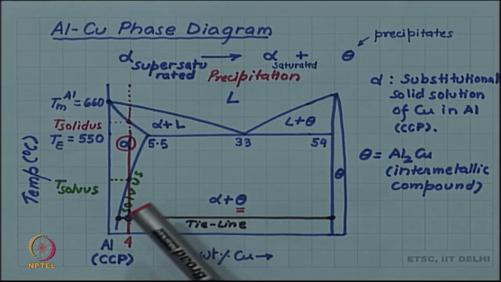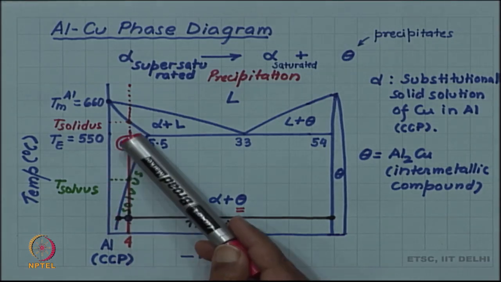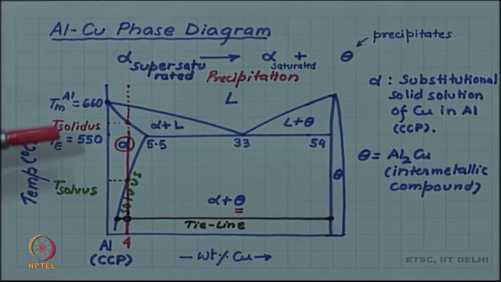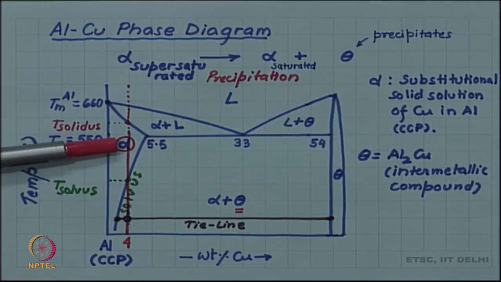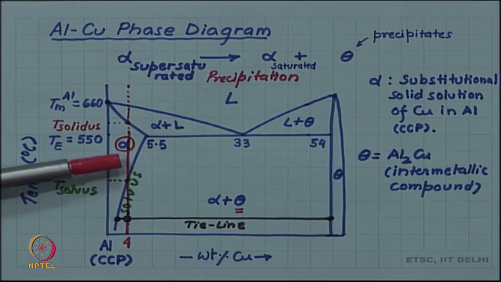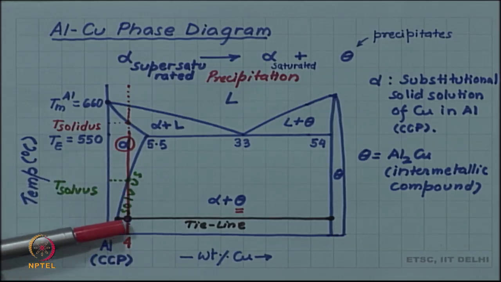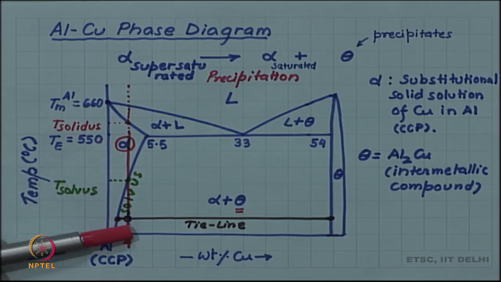So, when Wilm was heating his alloy and holding it, his hold temperature should be between solvus and solidus to form alpha, and time should be long enough such that complete alpha forms. Then when he quenches it, the temperature should be below solvus such that single phase alpha is unstable.